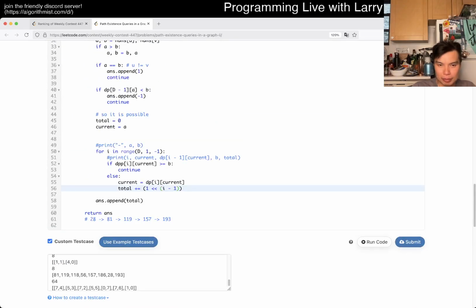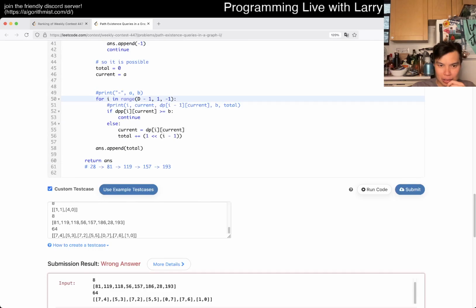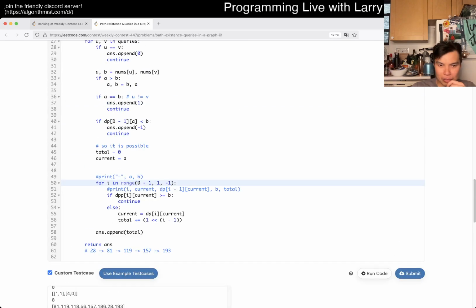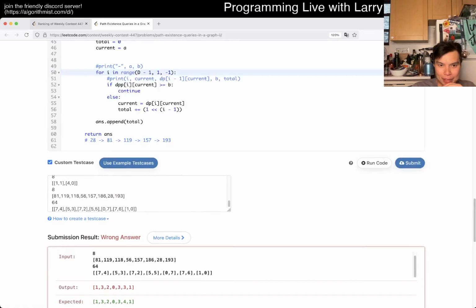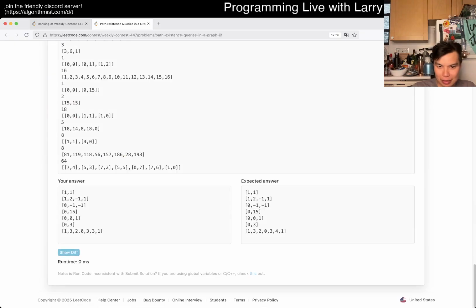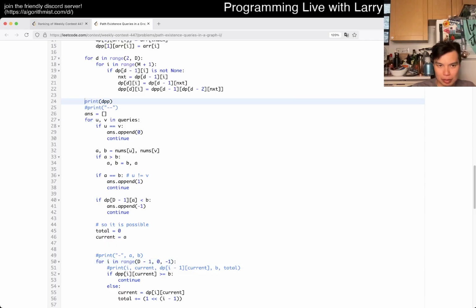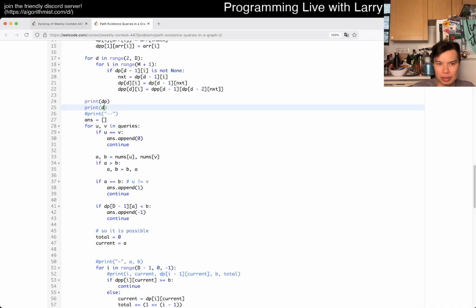And then now, okay, now this is just way wrong. Huh? Why is this so much wrong? Oh, it's because of this, I think. Okay, but it's still wrong. All right, let's just print out. I got DP.